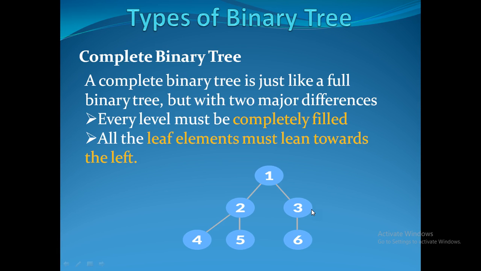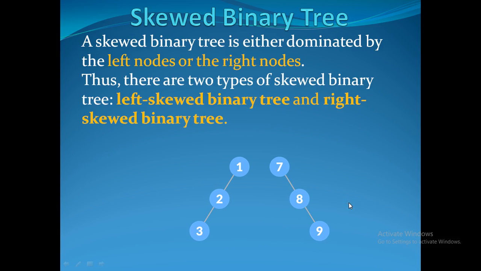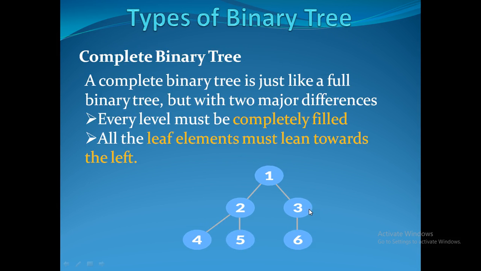It's also possible, but 3 is an internal node and having 1 left child. So the left part should be filled, then only we can fill the right part. So in this case the left part is filled with the element 6 and the right part is empty. So that is the meaning of that.